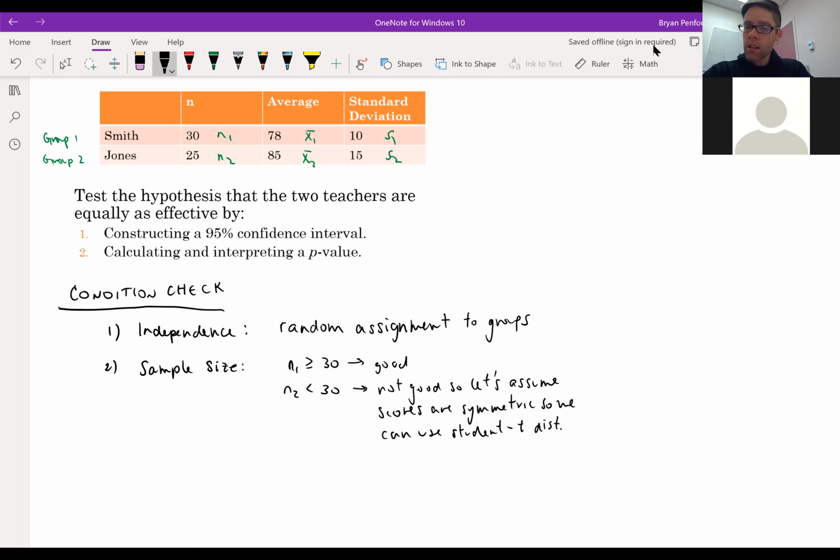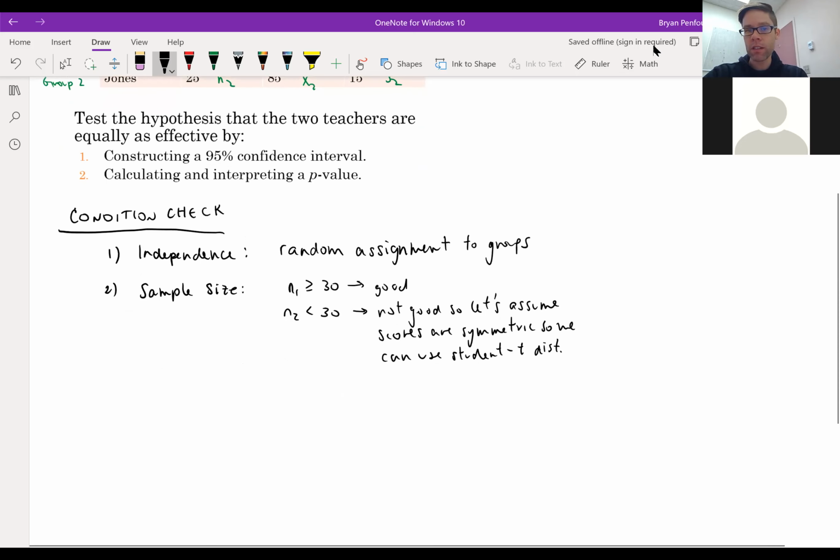So with that assumption, the CLT would work. And then we know that our sampling distribution is going to be a student t-distribution.